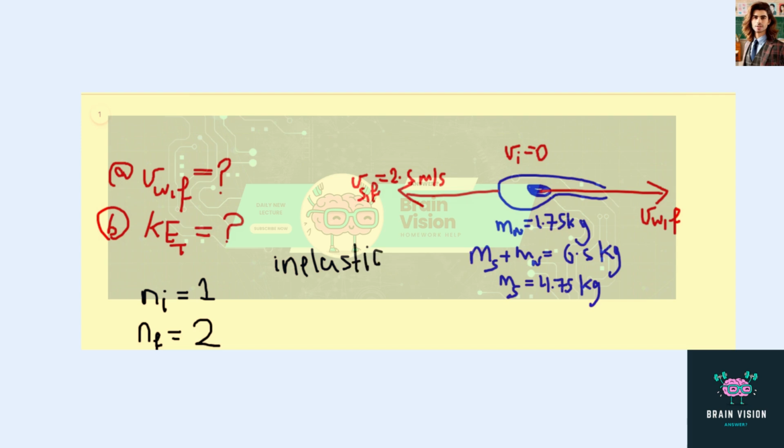And this means the conservation of energy cannot be used in this particular problem, because it is an inelastic collision. Okay? So what is conserved here? What can I use? Let's go to the next page.